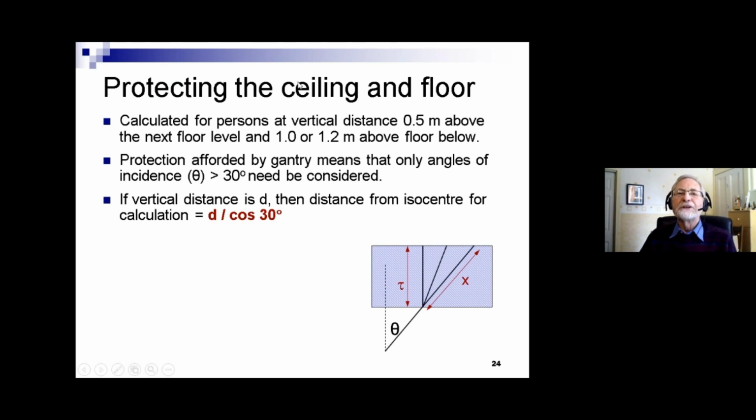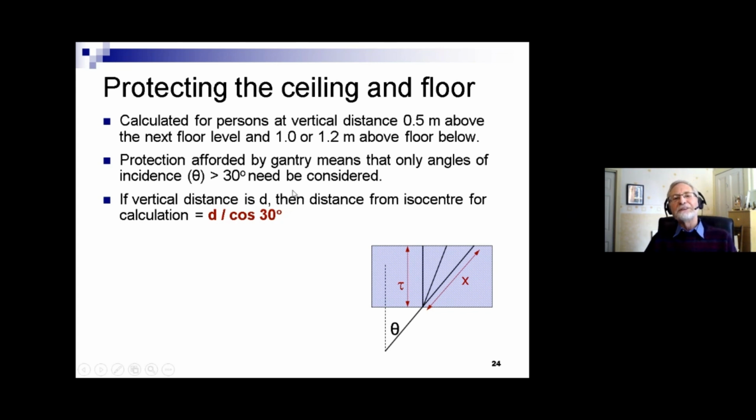So we calculate results for someone at 0.5 meters above on the next level above, or either 1 or 1.2 meters above the floor on the level below. Protection afforded by the gantry means that only angles of incidence more than 30 degrees need be considered, and we did consider whether tilting of the gantry needed to be taken into account, but for measurements others have done, this really had little impact.